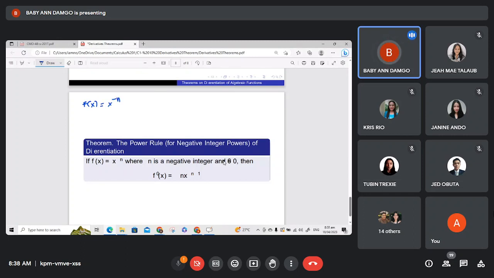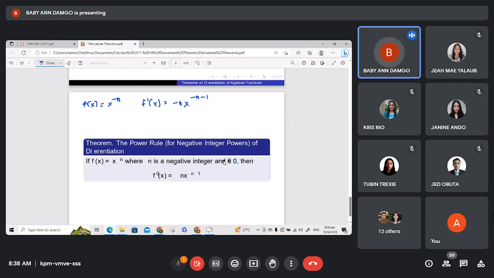The derivative is f prime of x equals negative n times x to the power of negative n minus 1. You observe that it is the same formula as the power rule for positive integers.